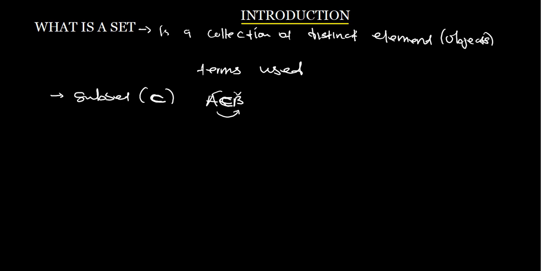So the other thing that we'll talk about is the equal set. When do we say a set is equal? If I say A is equal to B, I mean the elements found in A should be equal to the elements found in B. They should be in numbers like that, and they should also be in numbers like that, then they are equal.